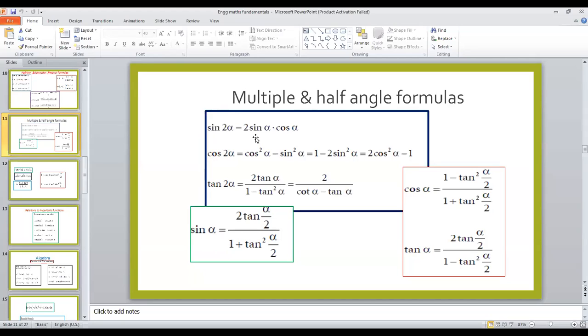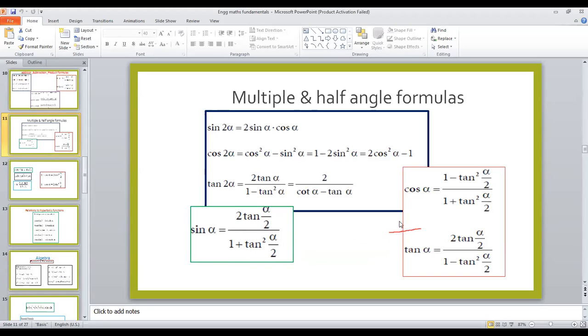Yes, that is sine square alpha by 2 plus cos square alpha by 2. And dividing numerator and denominator by cos square alpha by 2, on simplifying, what will you get? 2 tan alpha by 2 upon 1 plus tan square alpha by 2.